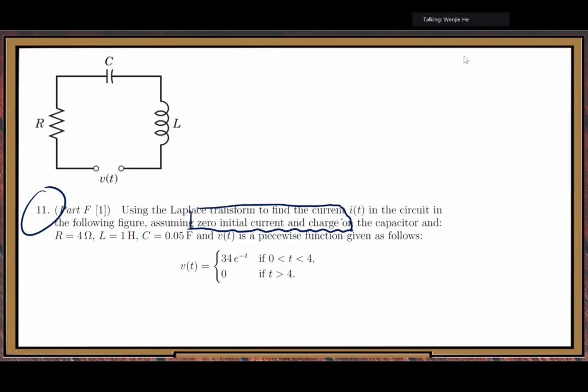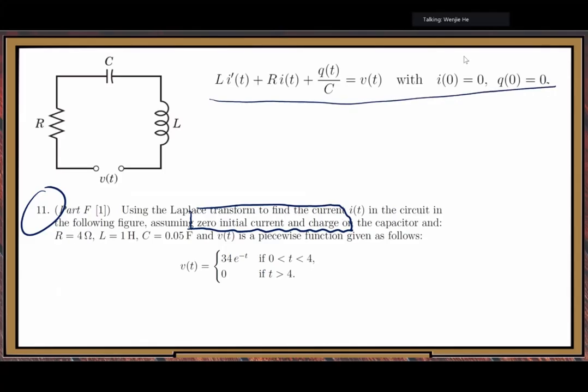All right. Let's look at the equation. After we write the equation, this is our original equation. We know there are 2 methods. One method is to take the derivative. If you take the derivative, you may go the wrong way for the initial condition.